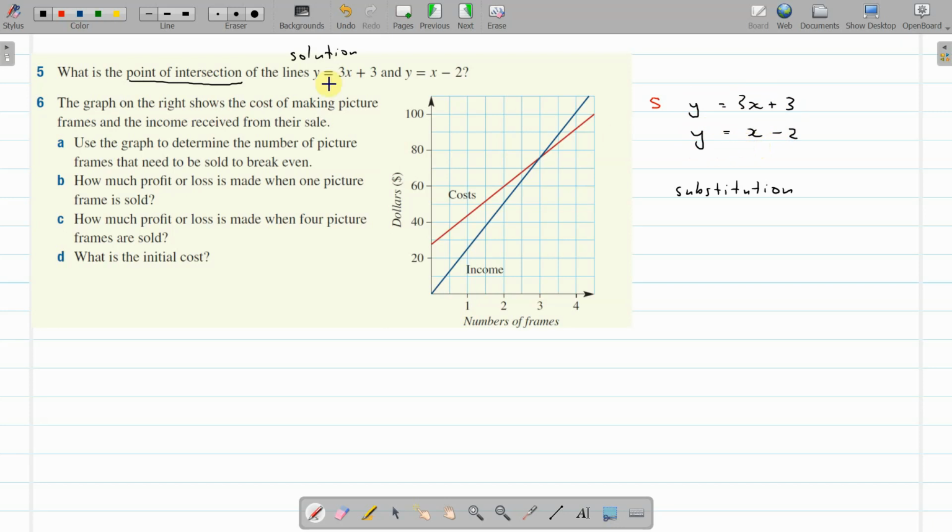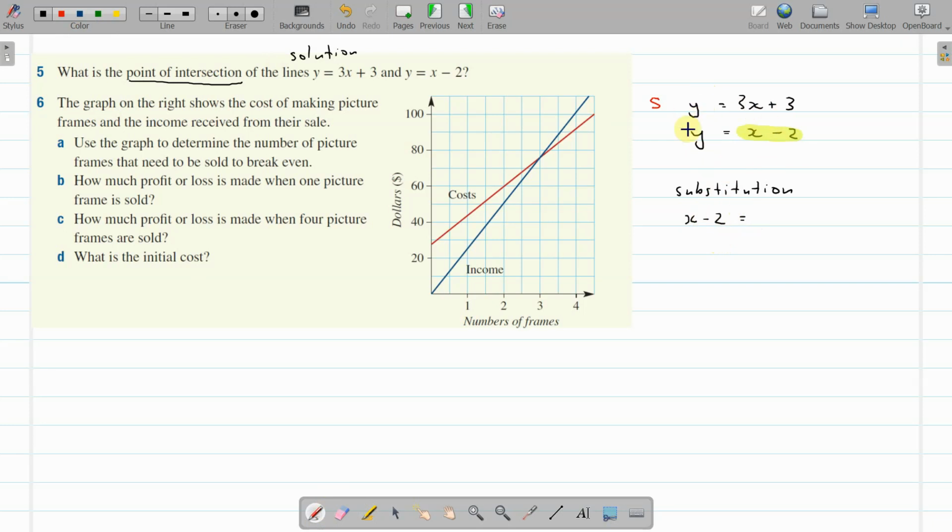So we're going to use this for what y equals here, because that's the easiest one, in here. Substitute the y there for what's here. So instead of y equals 3x plus 3, we're going to put x minus 2, because y equals that. And whatever y equals for both equations will be the solution.